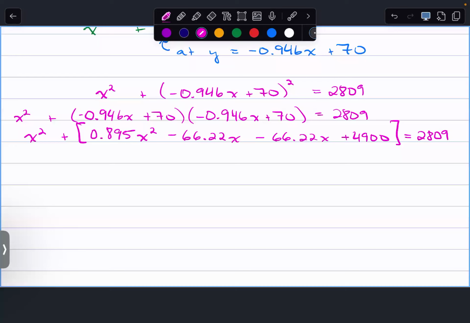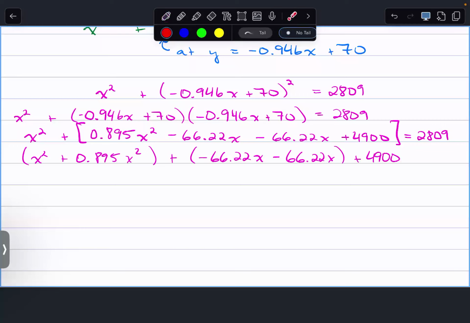And so let me just show x squared plus 0.895x squared plus negative 66.22x minus 66.22x plus 4,900, bless you. And maybe in the same move, I'll bring this 2809 over to the left-hand side and set it equal to 0. Because in order for the quadratic formula to work, we have to have the quadratic set equal to 0.